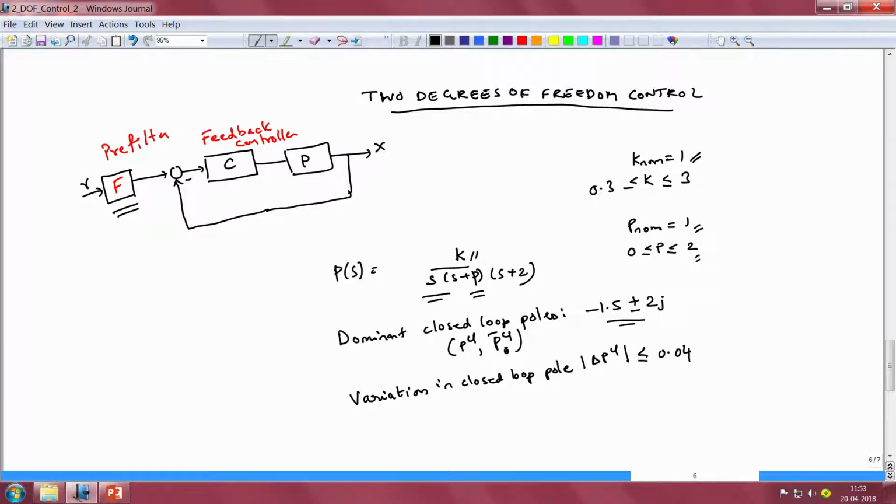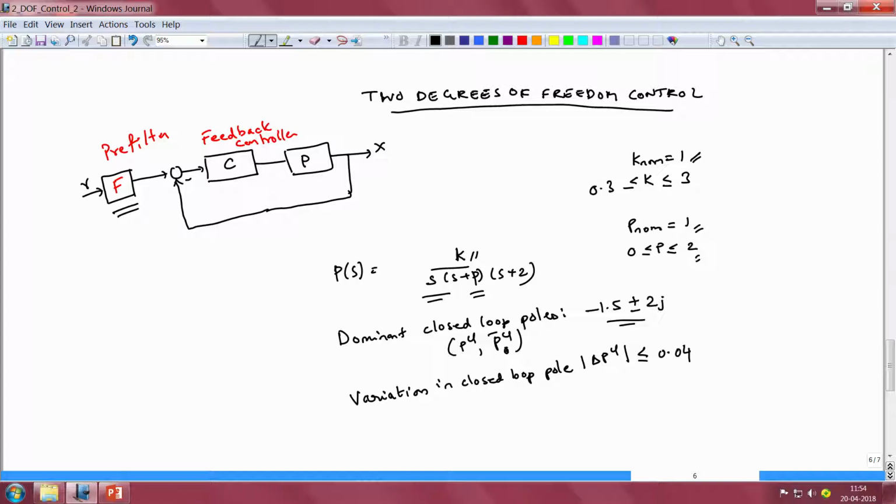So once again I want to remind you that such a set of specifications cannot be realized with a 1 degree of freedom control system, because the control system can position the closed loop poles nominally at the location where we desire it to be, namely minus 1.5 plus minus 2j, but it cannot guarantee that the variation in the closed loop pole due to uncertainties associated with the plant is going to be within the specified limit of 0.04 units.